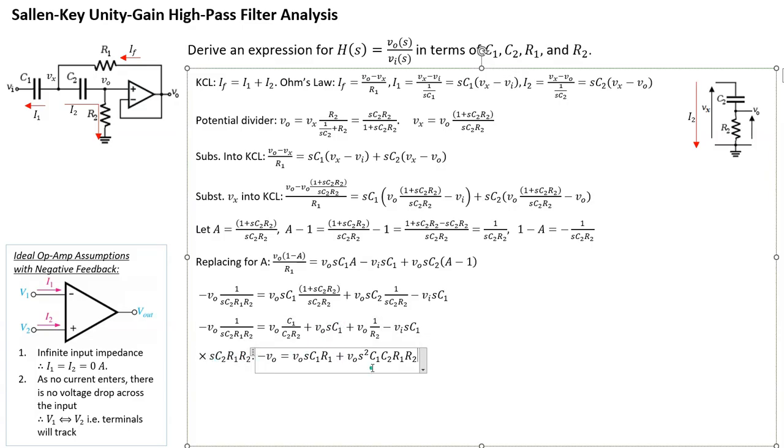Then you have VO, and R2 is going to cancel out, so you're just going to get S C2 and then R1, because R2 cancels out with the R2 at the bottom. And finally you have your VI, and you still have to multiply, so that's S squared and then all the passive components.